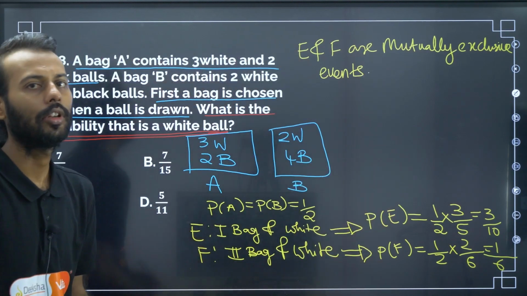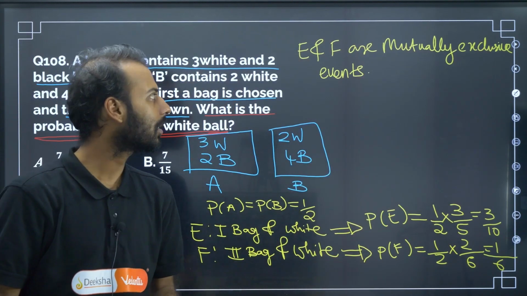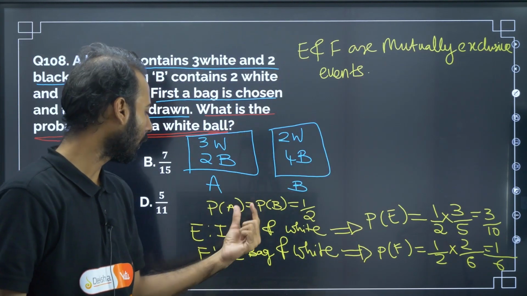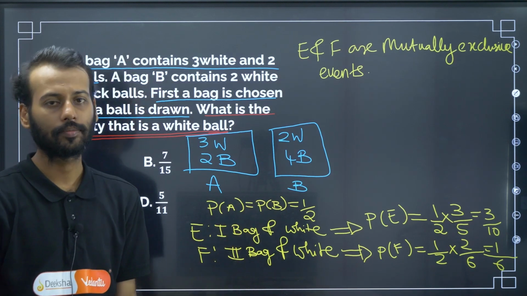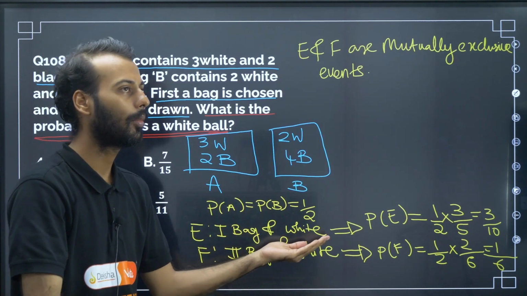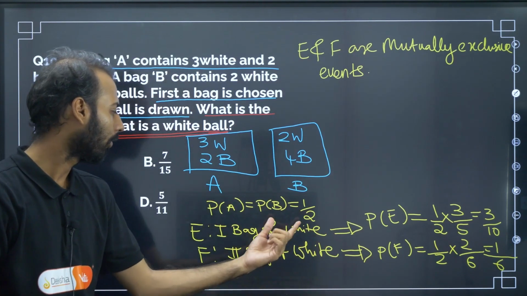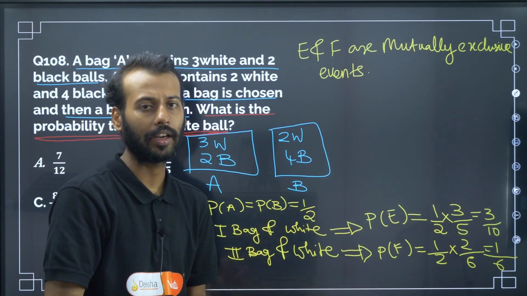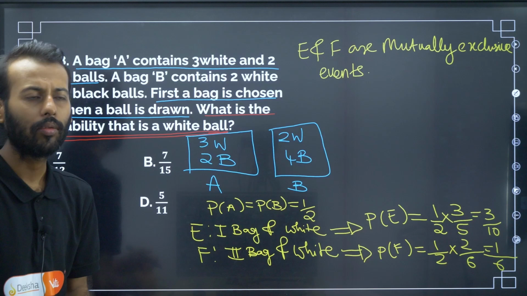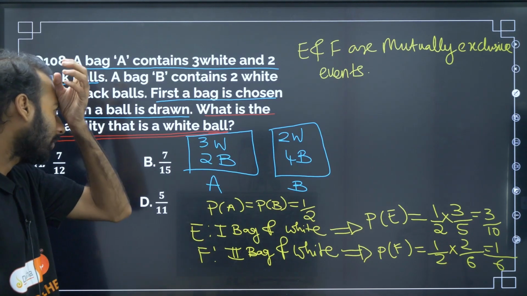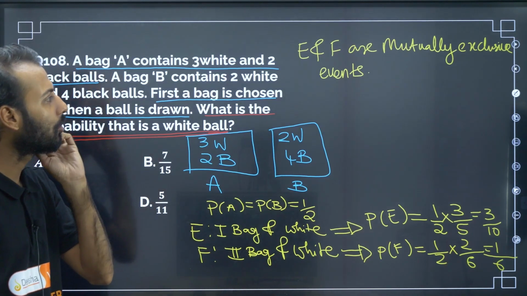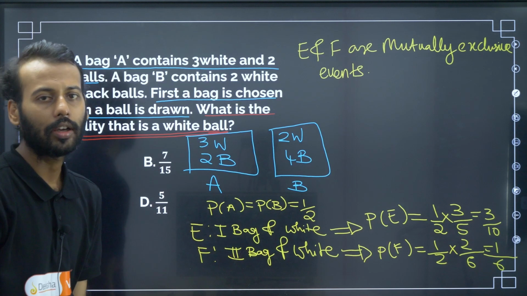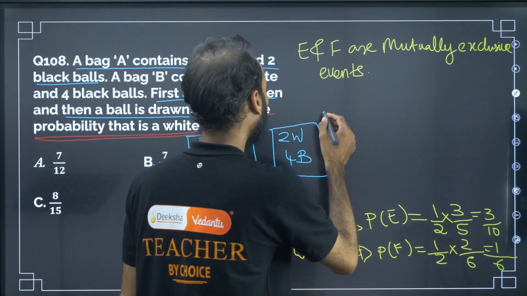If E occurs, F cannot occur. They might have chosen first bag and drawn white ball, or if F occurs, they might have chosen second bag and drawn white ball. So E and F are mutually exclusive, meaning if one occurs, the other cannot occur.